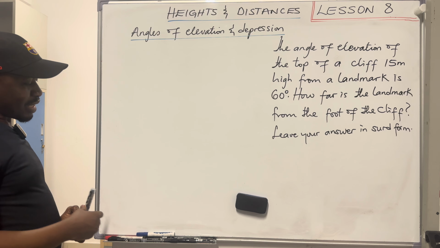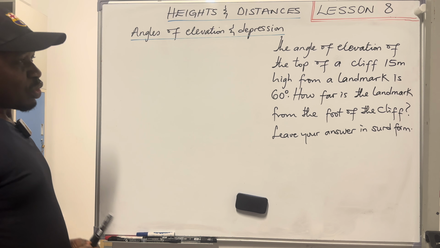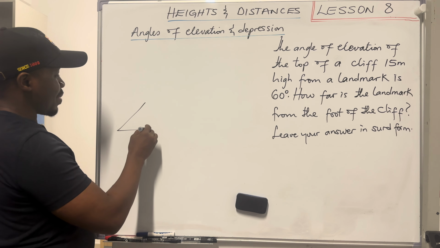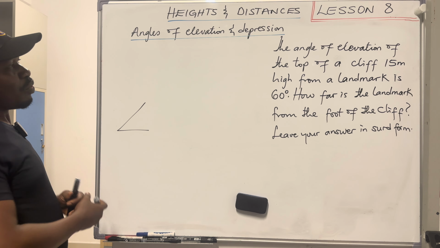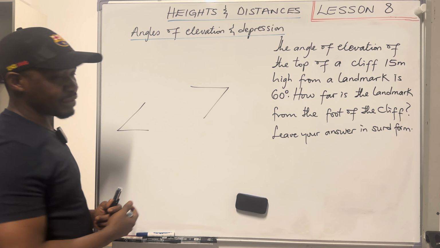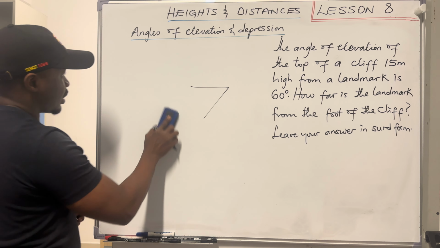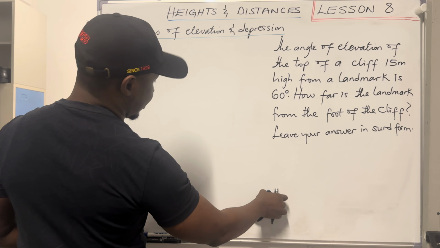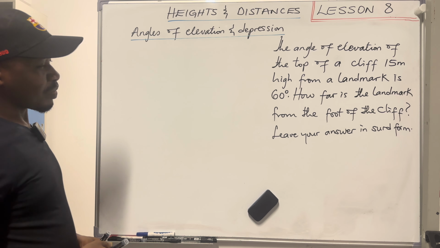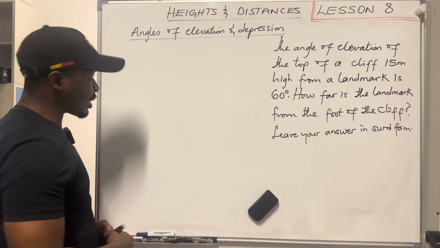Now let us make an example here. Once we talk about angle of elevation, think of it appearing like this. Once we say angle of depression, think of it appearing like this. Let's just do this one so we don't spend more time.